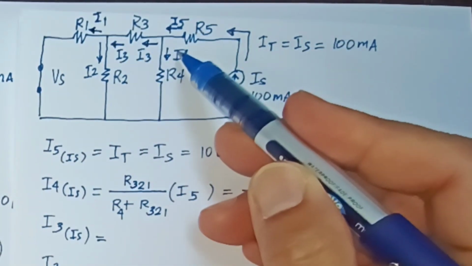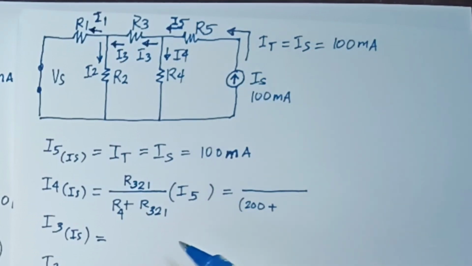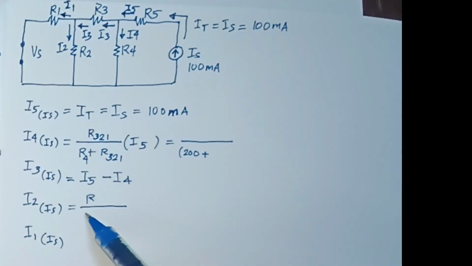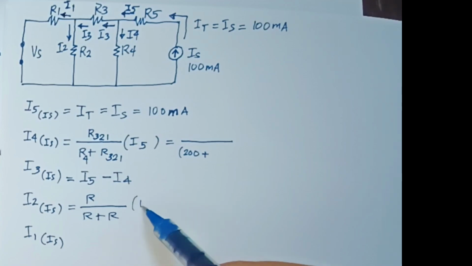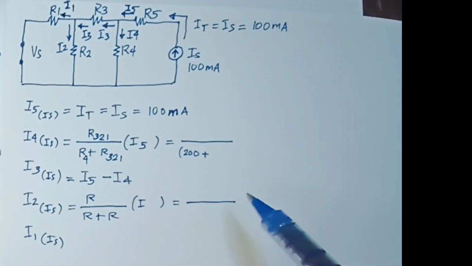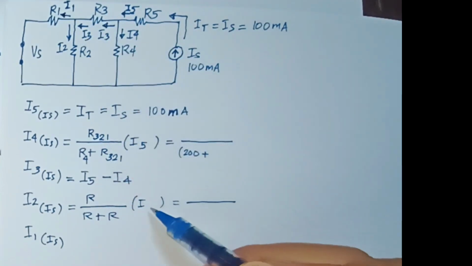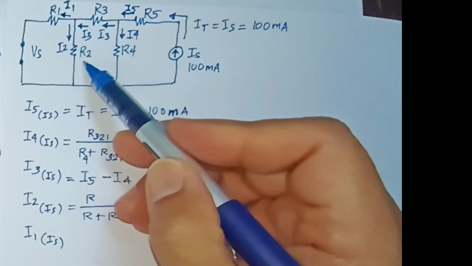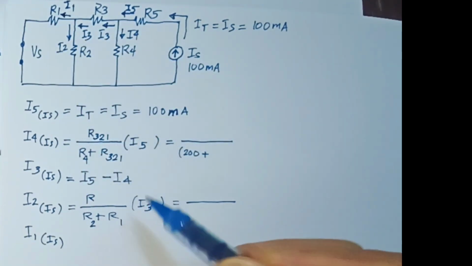Now, what's I3? I3 is equal to the difference between I5 and I4. So I5 minus I4 by KCL, we can get I3. I2, on the other hand, will be using the current divider rule again, and the R involved here will be R2 and R1.